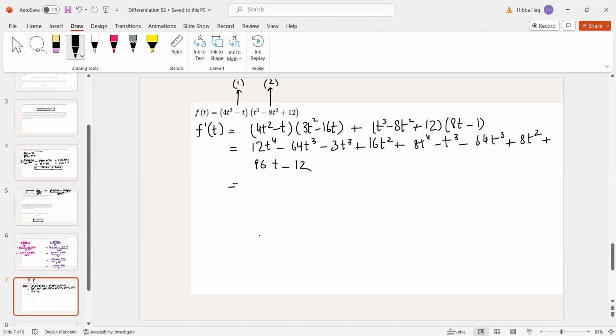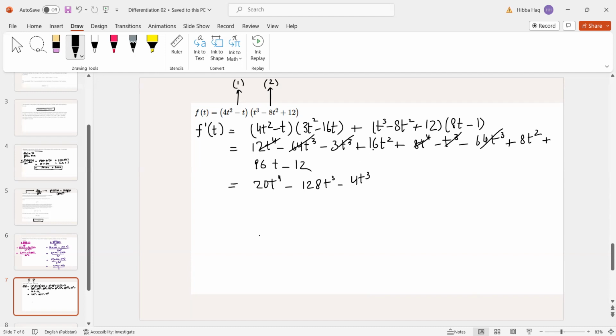Now I'm going to expand it. So simplify it through all of these terms. So I have 12t^4 and 8t^4, which is going to give me 20t^4. Now in cubic terms, I have minus 64, I have minus 3, I have minus 1, and I have minus 64. So minus 64 and minus 64 is going to give me minus 128t cube. And minus 3 and minus 1 is going to give me minus 4t cube.